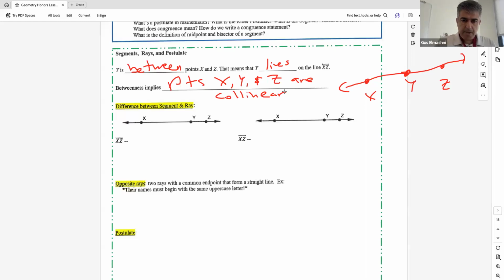Now, there's a difference between a segment and a ray. A segment has two endpoints. A ray has just one endpoint. So for example, segment xz would look like this.